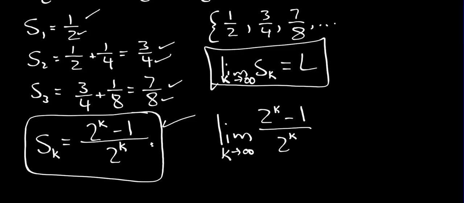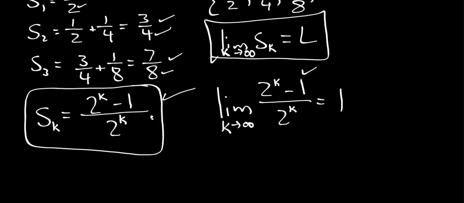Now you can see that the dominant force up top is 2 to the k, and the dominant on the bottom is 2 to the k. So, I mean, we've got this minus 1 up here, but this limit is just going to be 1. So what we found by taking the limit of the kth partial sum is that the series converges. That series converges to 1.